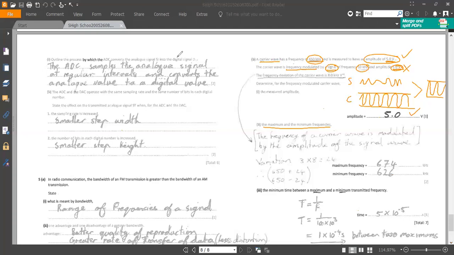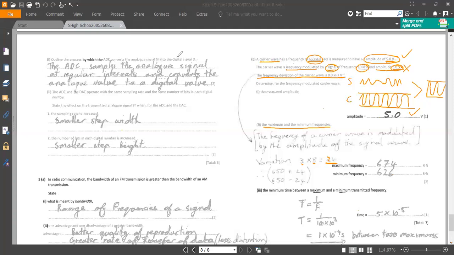If they tell us that the frequency deviation of a carrier wave is 8 kilohertz per volt, and the amplitude of my signal wave is 3 volt, that means we need to multiply the 8 by the 3, and that gives me the deviation in frequency.